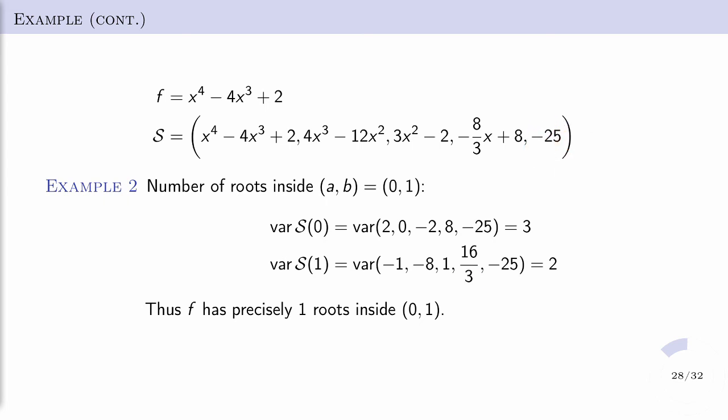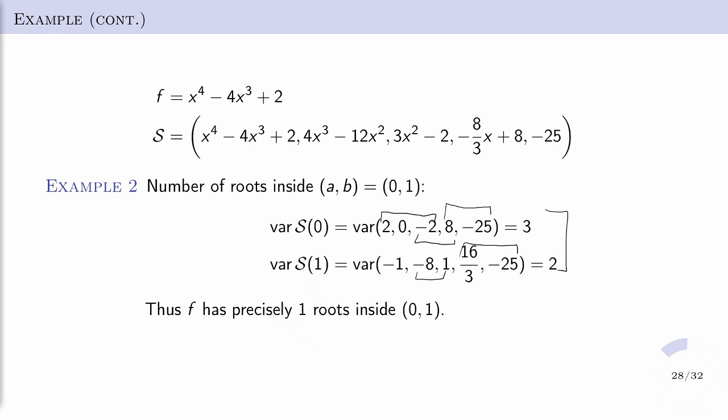So all in all, we have one sign change here, second sign change here, and the third sign change here. So we have three sign changes at 0, and we have two sign changes at 1, one here, the other one here. So all in all, at the interval 0, 1, f has 3 minus 2, so precisely one root.